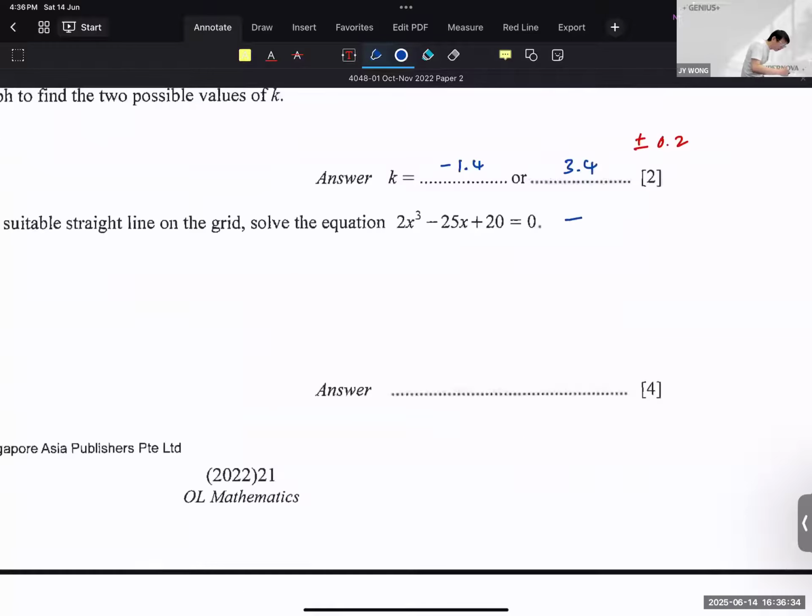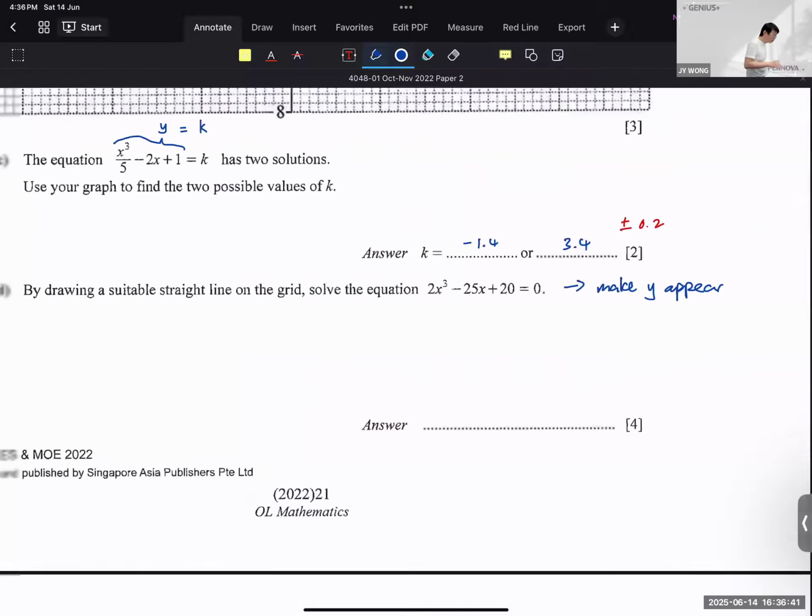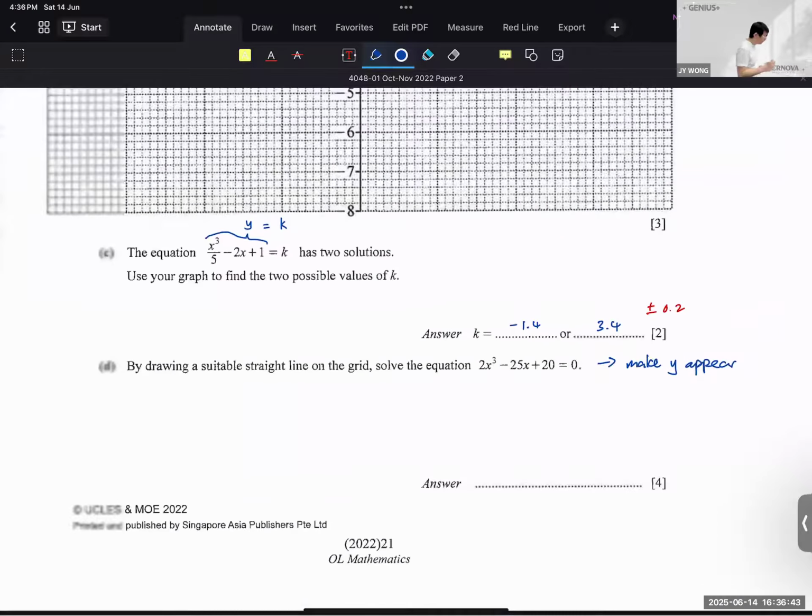So this is the more standard type where you must transform the equation until you can make y appear. So 2x cubed minus 25x plus 20 equals 0. My y is y equals x cubed over 5 minus 2x plus 1.